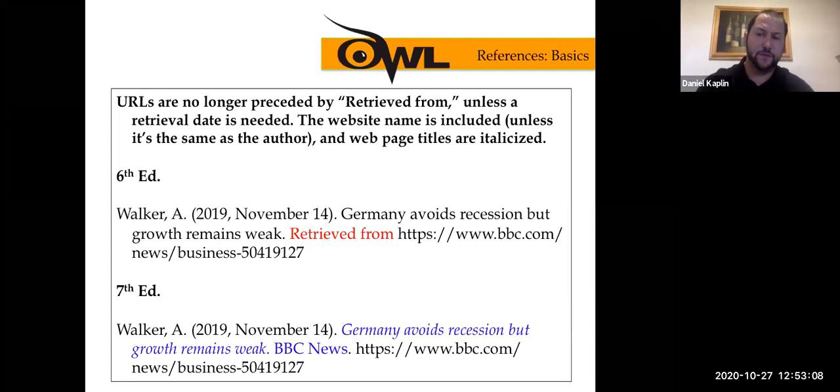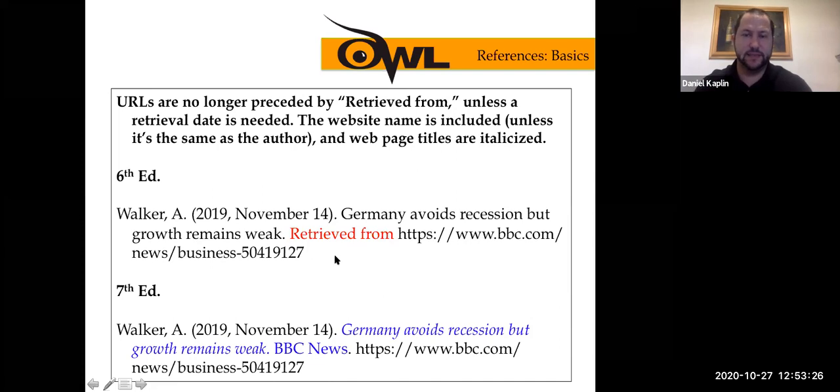Another change is if you're looking at a web page, you no longer use the term retrieved from, just put the hyperlink. And another change in blue is that we italicize the title of the web page.